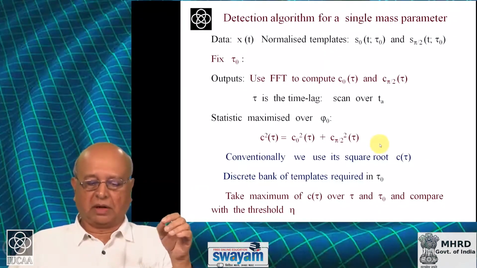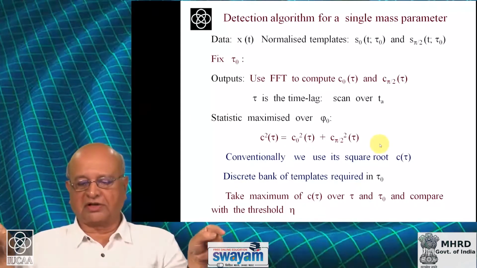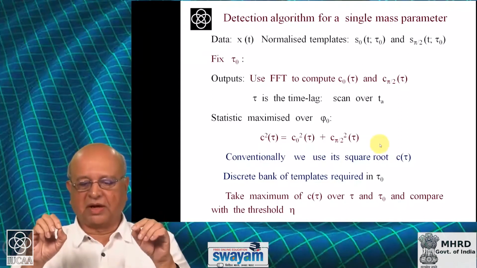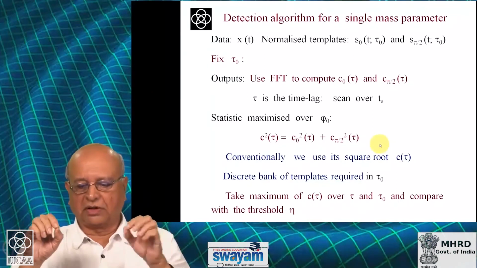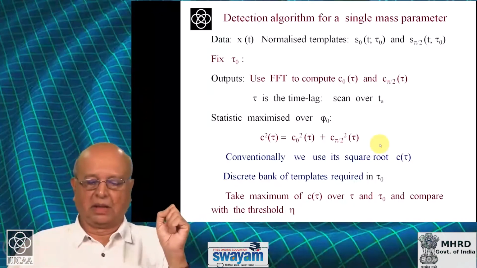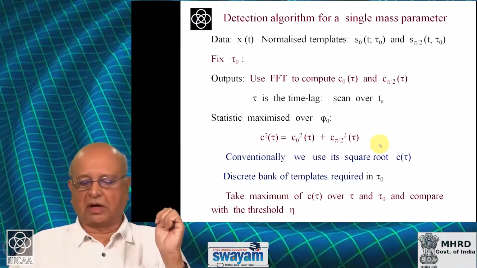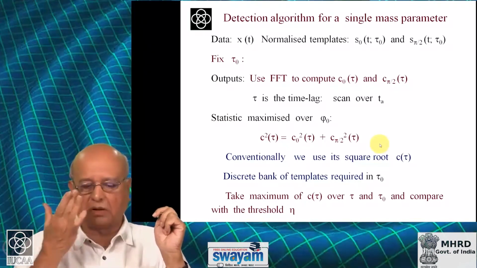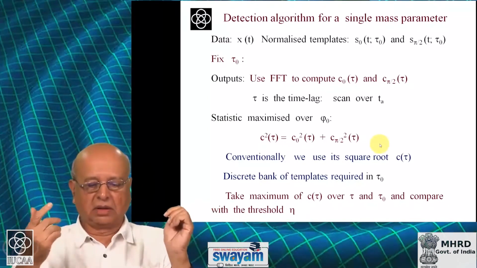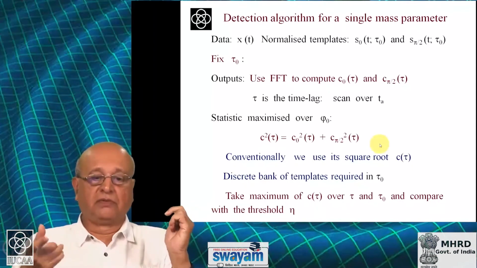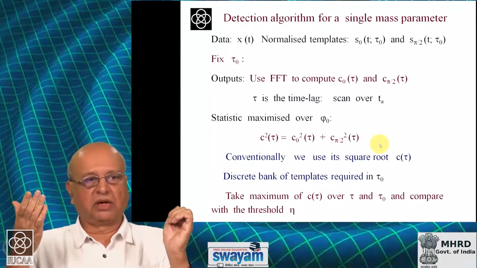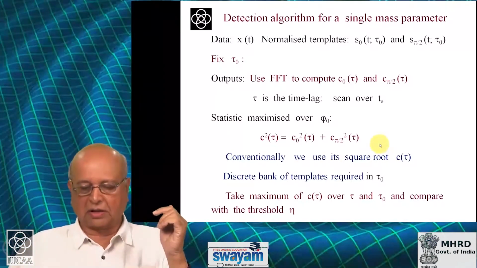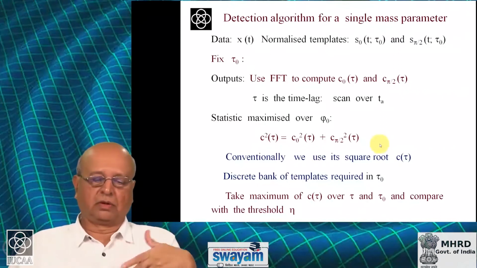We take the whole tau naught axis and take templates for different tau naughts, densely packed, and then take the maximum of C of tau over tau naught. We have already taken the maximum over phi naught, and amplitude does anyway come out, and then compare it with the threshold, which will be set by the false alarm probability. I have already covered this false alarm probability earlier, but I will talk more about it later from the point of view of astrophysics.